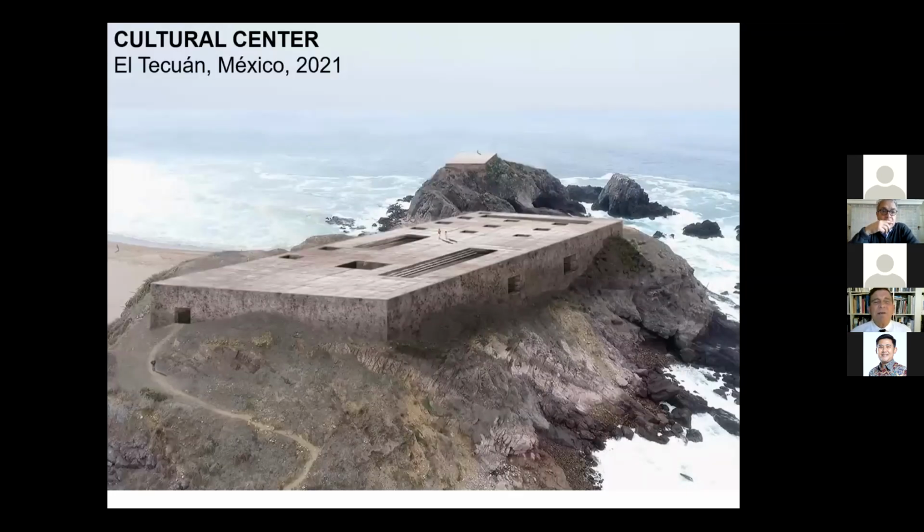And to finish, one of my last projects is in a row of beginning, the Cultural Center in Tecuan, Mexico. This is Jalisco, Mexico, you know, and they said to me, Alberto, we have some rocks into the sea, you are free to decide the function.